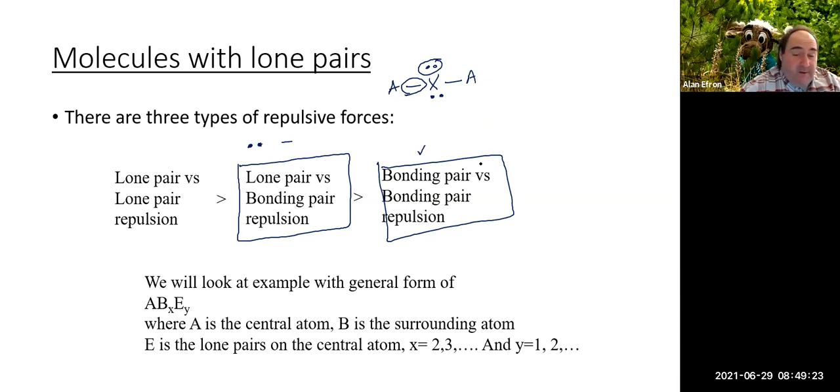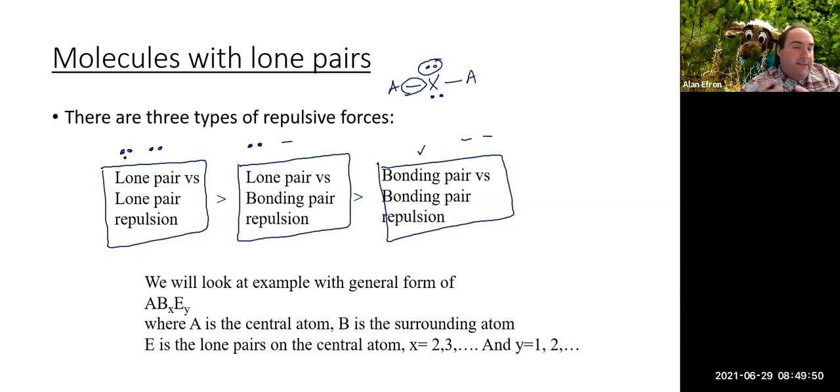Lines near lines, okay. Dots near lines, not so happy to be near each other. They're going to try to get away from each other a little bit further. The worst situation that you could have is if you get dots near dots, or non-bonding electrons near non-bonding electrons. That's the worst situation. They definitely don't want to be near each other, and they're going to spread out.